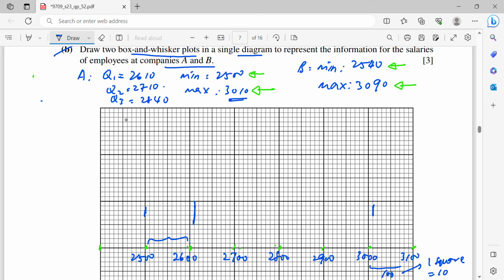Then 2710, one square after 2700, and 2840 is 4 squares after 2800. I draw a box joining these three measurements, and a whisker connecting the minimum to the box. This is for company A.